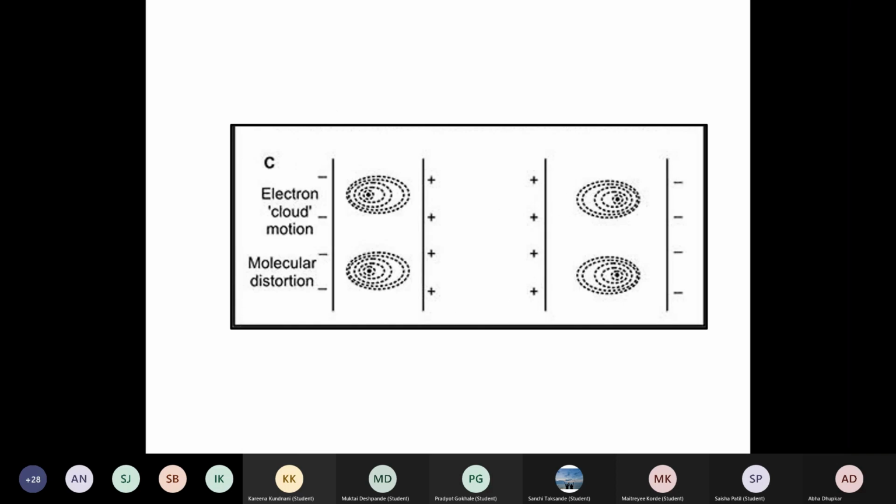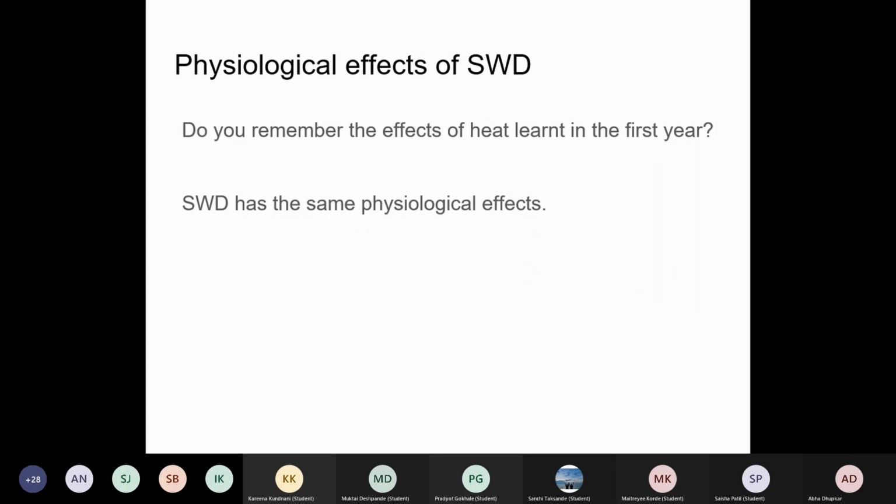Electron cloud distortion: the moment you have a negative to positive flow of charge, the electrons are going to shift towards the positive side. These are all cyclical events happening very fast, 27.12 megahertz fast. So you are going to get a lot of cycling of the current, and therefore the heat production is going to be more or less constant. Now let's look at the physiological effects of heat.